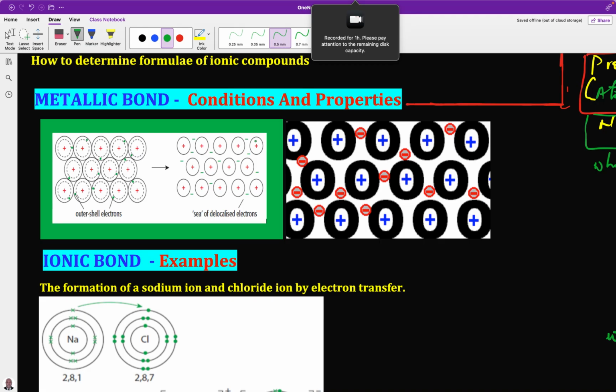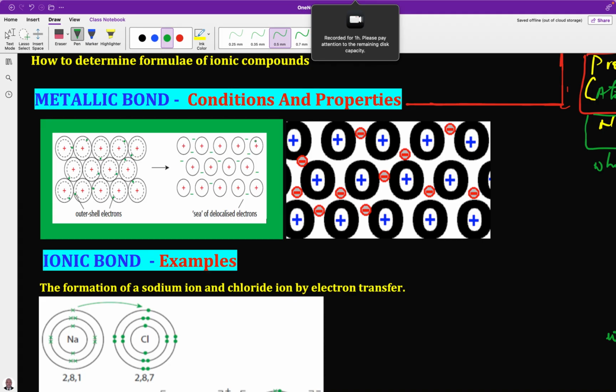You should know that metals are solid at room temperature, because more energy is required to overcome and break the strong bond. Again, metals are good conductors of electricity.